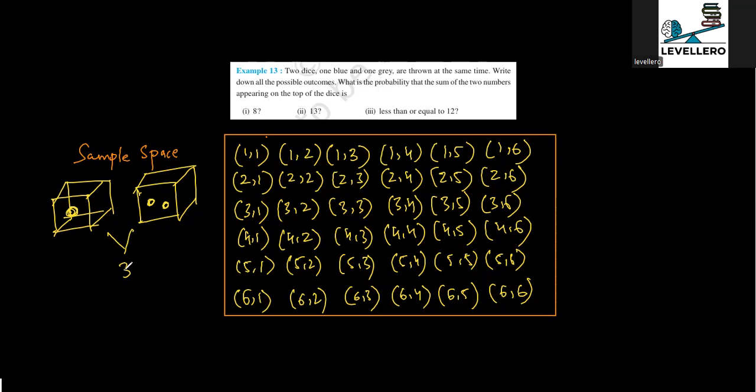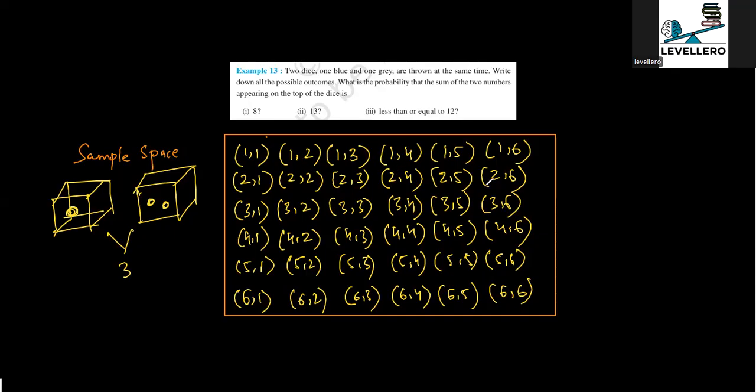Now, from the sample space, we are going to choose the events where, when we throw the dice, on the top we are going to get numbers whose sum is 8. So let's find all the possible combinations where the sum is 8.